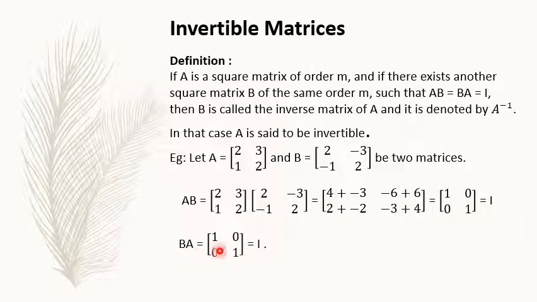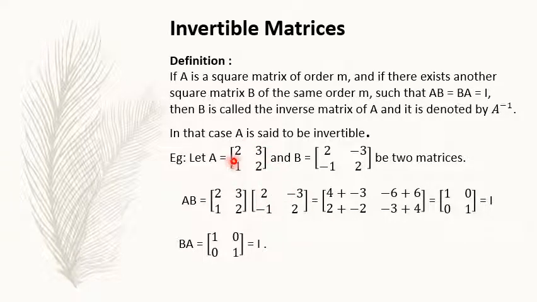Now BA. Similarly, when we multiply B with A, we will get an identity matrix. Please do it yourself. That is, A into B and B into A both give an identity matrix. Then we can say that B is the inverse of A, B equal to A inverse, and A is an invertible matrix.